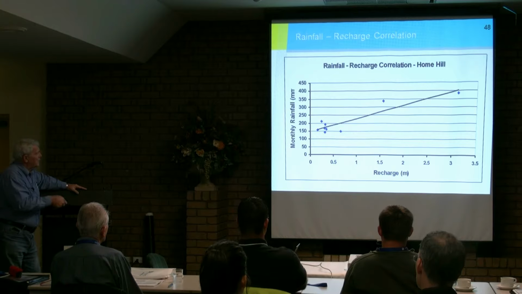We found that this curve or plot resulted, and it's not too bad. If you only had those, you're in a bit of strife, but we do have some fairly big events there. So using that, we find, first of all, that recharge didn't occur unless we had 6 inches of rain in a month.